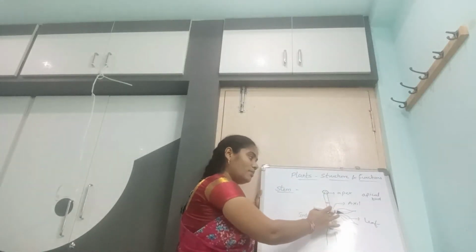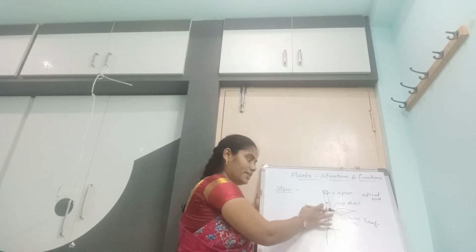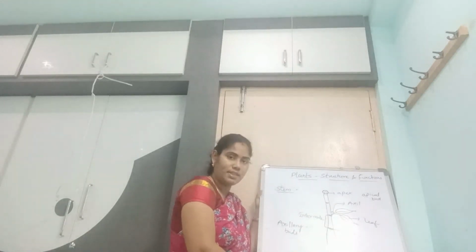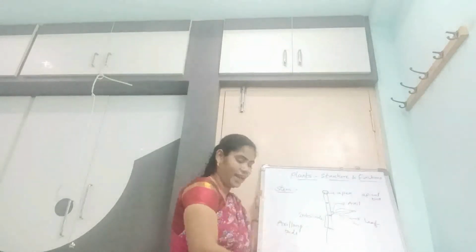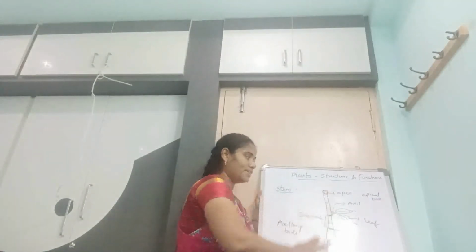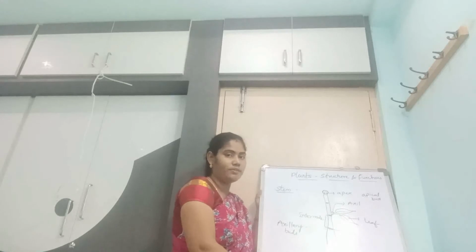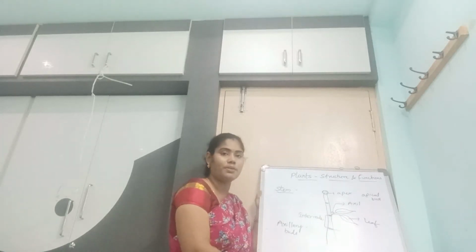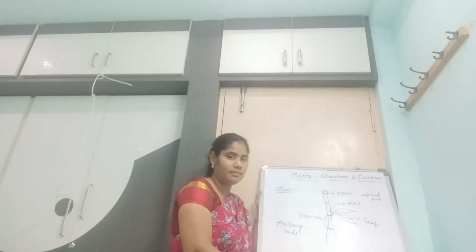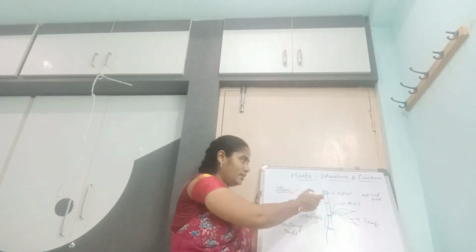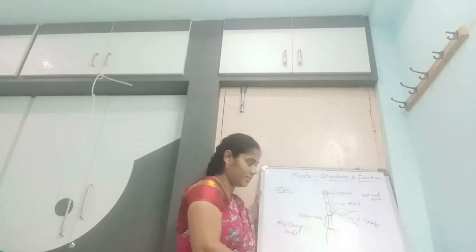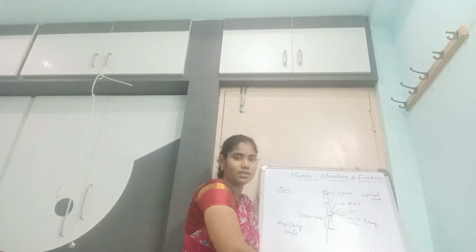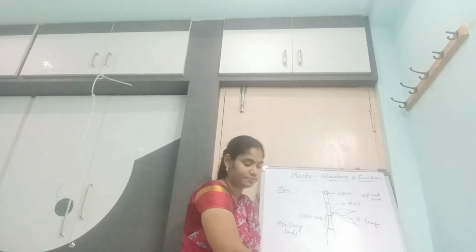The axil is formed between the leaf and the stem. Sometimes buds come from those axils, called axillary buds. The apex, or tip of the stem, also has buds because it is a growing part, so the apical bud is at the apex region. So this is all about the stem structure.